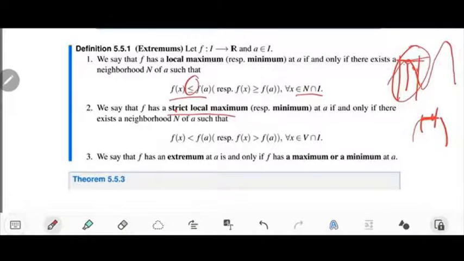But when it's strict, it means that all the points have their images strictly less than this maximum, or strictly greater if it's a strict minimum. We say that f has an extremum at A if it has a maximum or a minimum at A.